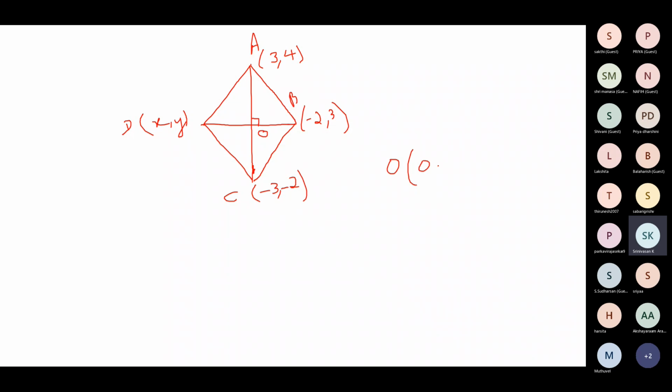Because O is given by 3 minus 3 by 2, 4 minus 2 by 2. Correct.